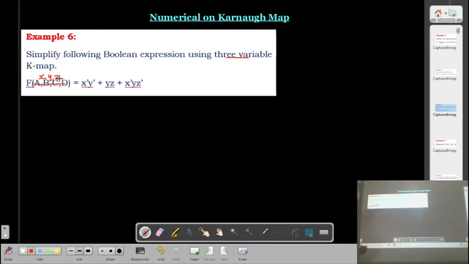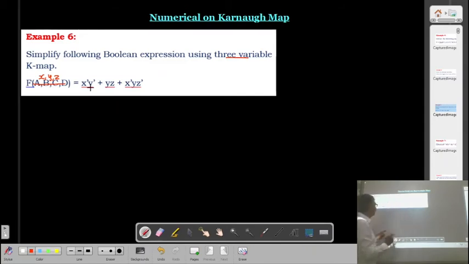If you look at this expression, the first term is x dash y dash, the second term is yz, plus x dash y z dash. Now whenever you want to make a Karnaugh map, your Boolean expression must be in canonical form. And you already know what a canonical form is: the terms of the Boolean expression must contain all the variables.